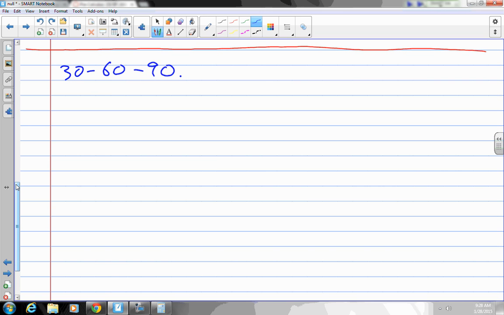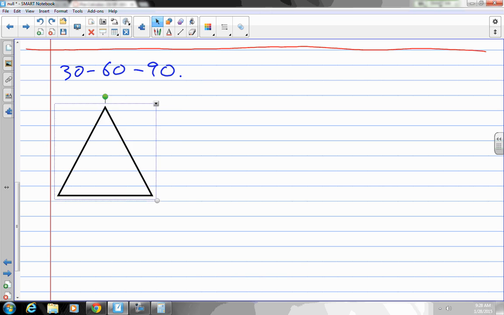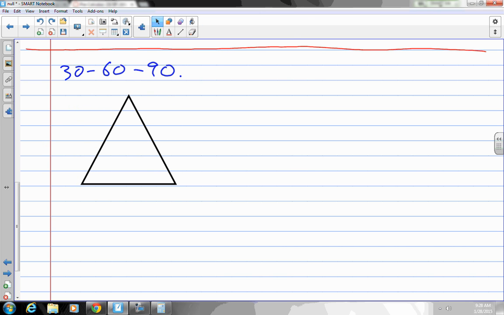I will start with an equilateral triangle. Is that equilateral? Yeah, that's equilateral, right? Now, an equilateral triangle is a 60, 60, 60 triangle, right?